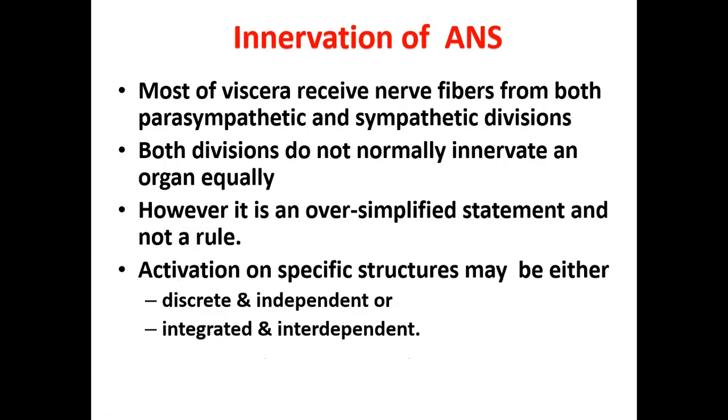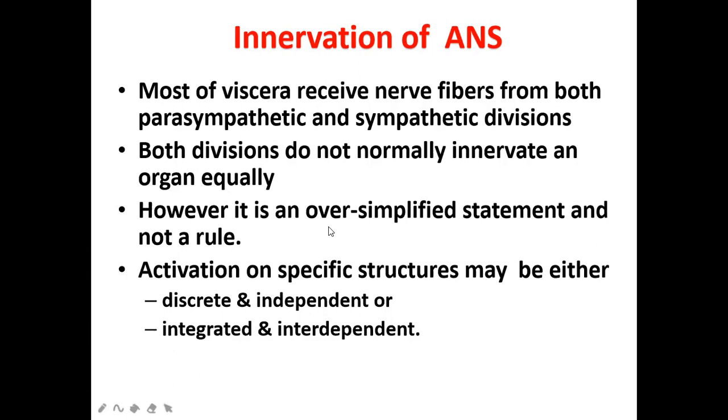Now, the innervation of the autonomic nervous system: most of the viscera receive nerve fibers from both the parasympathetic and sympathetic divisions. Both divisions do not normally innervate an organ equally.